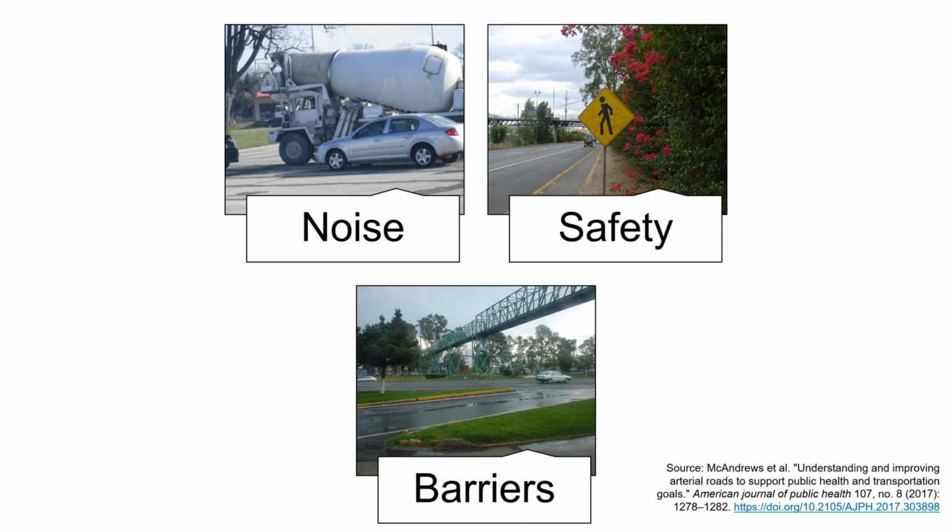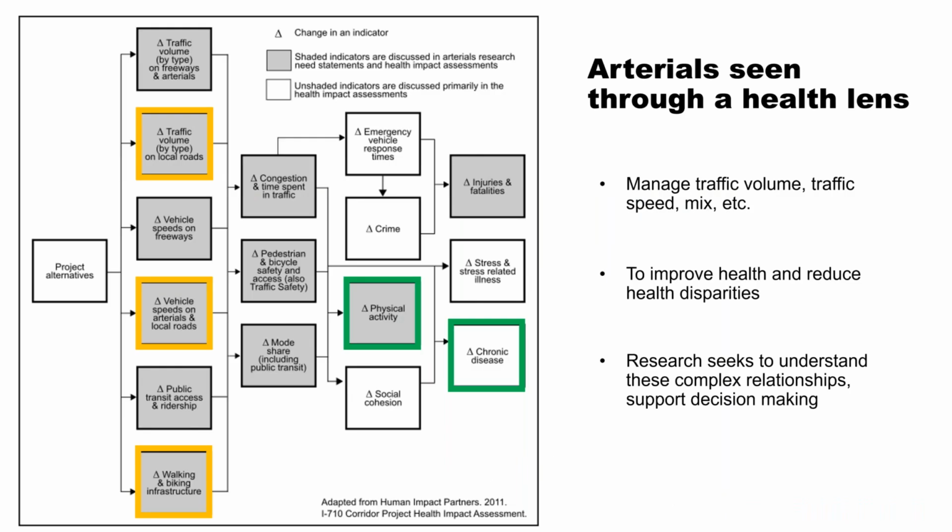But in that management, can we also think about some of these other ways that traffic can have a negative impact on life, while at the same time thinking about, well, how can it have a positive impact on our lives as well, because we know we want these streets to be places of social activity and cultural activity.